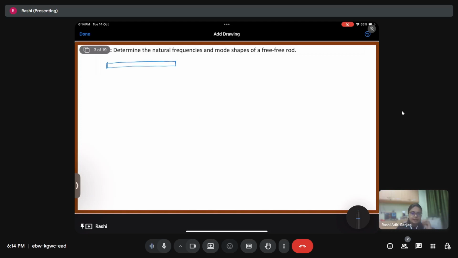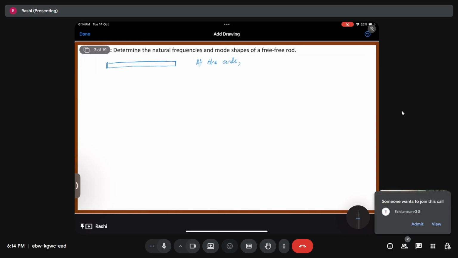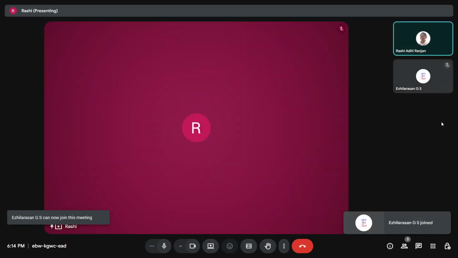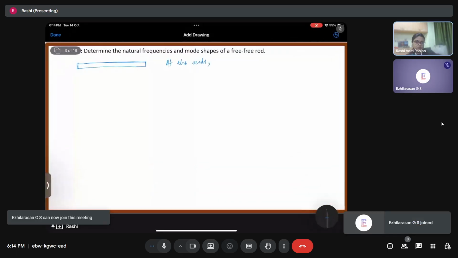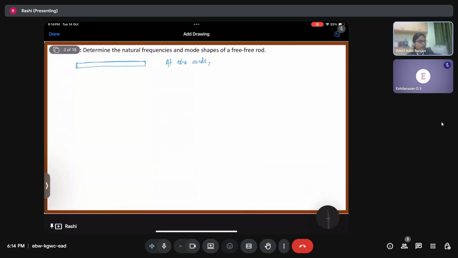So at the ends, the stress is going to be what? The stress is going to be zero, and also the deflection is going to be zero, right? So at the ends, the unit strain is 0, right?